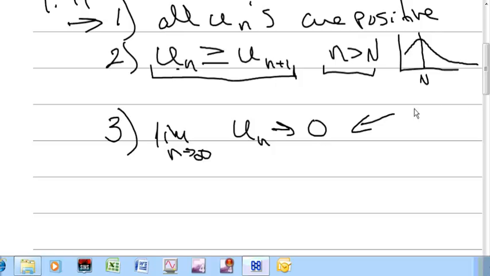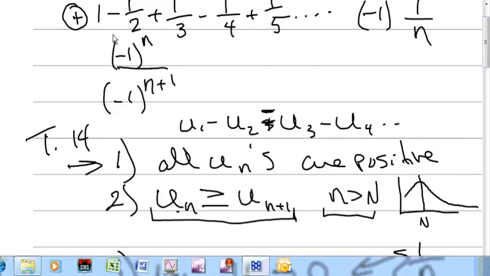But we know from experience that the harmonic series, 1 over n, does not converge, and yet its terms do go to 0. However, if we have an alternating series that looks a little bit like a harmonic series, it does go to 0. The nth term is indeed larger than the nth plus 1 term, and it converges.